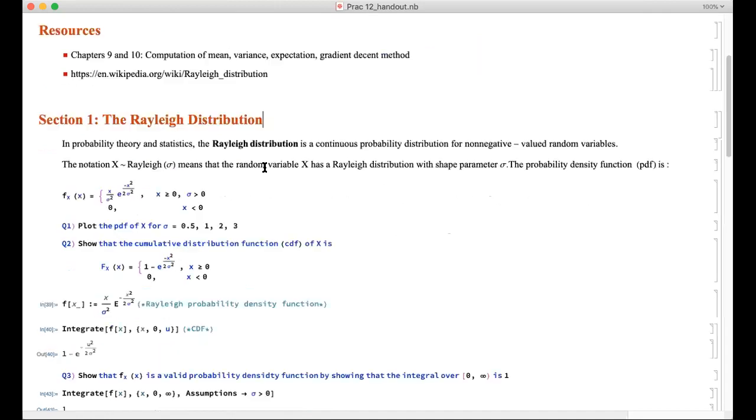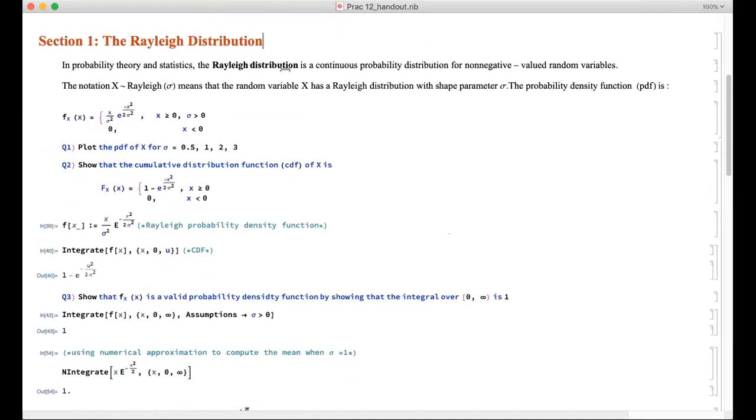In probability and statistics, it is commonly used, and it's a continuous probability distribution where the support is non-negative real values. The notation is given here with parameter sigma, where sigma is positive and it is the shape parameter.